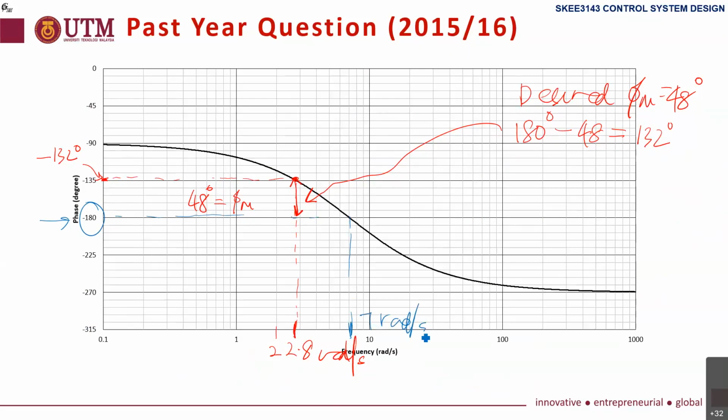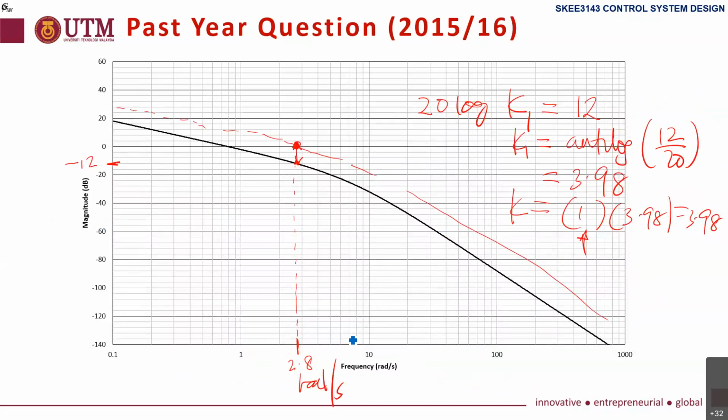This is the phase crossover frequency at 7 radian per second. We look into again the 7. We look into here. It's about 26 dB. So the original gain margin is 26 dB.